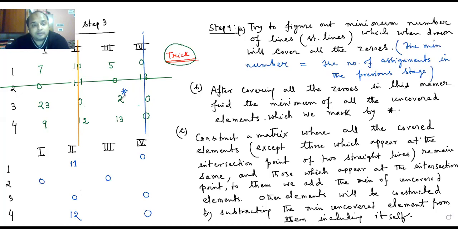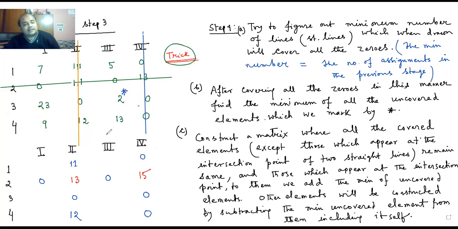Okay, and those which appear in the intersection point, to them I'm going to add the minimum element, which is 2. So I'm going to add this 2 to the element 11 present at this intersection point and element 13 appearing at this intersection point. So I'm writing 11 plus 2, that is 13, and 13 plus 2, that is 15 over here.